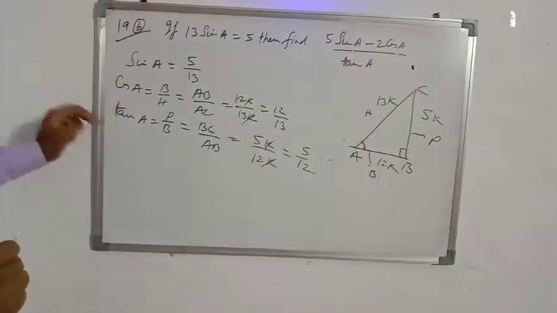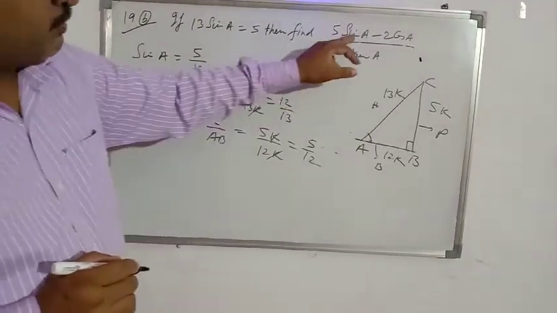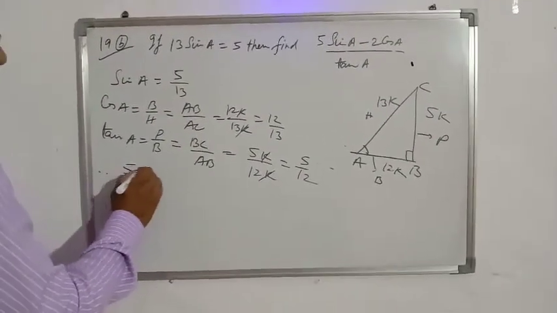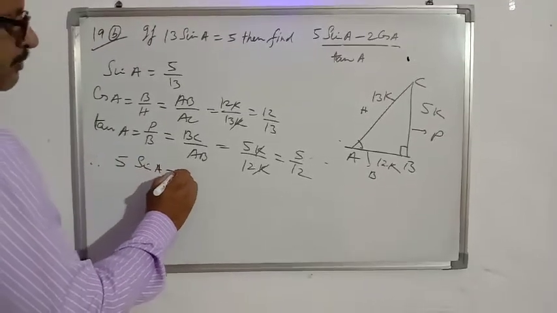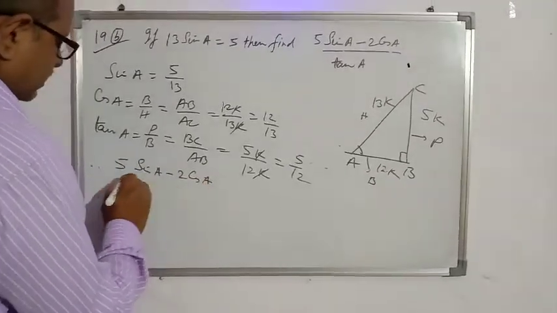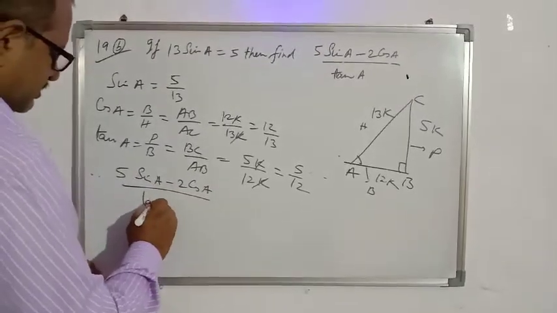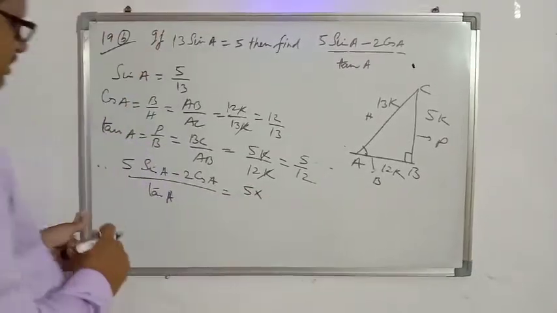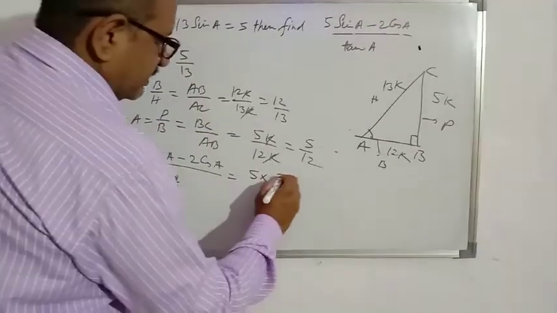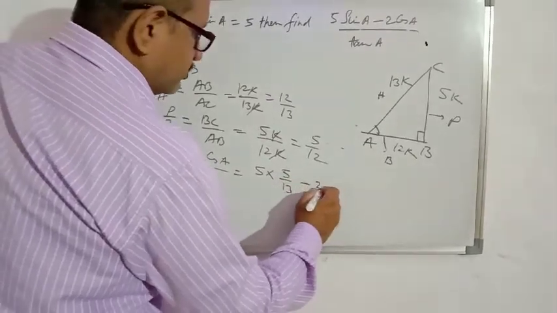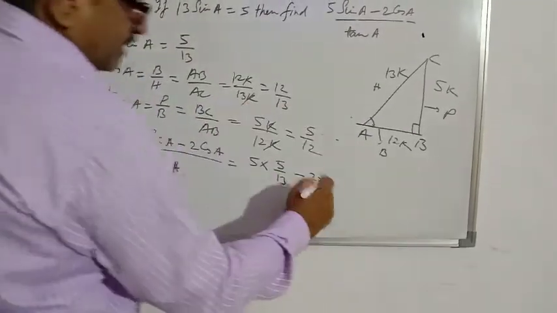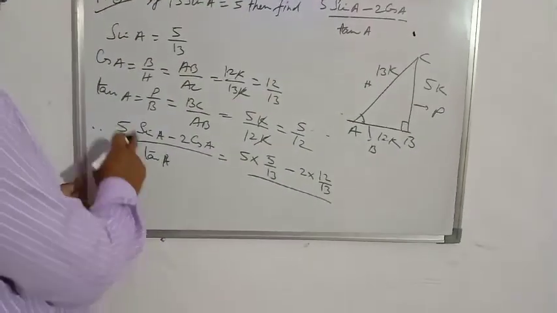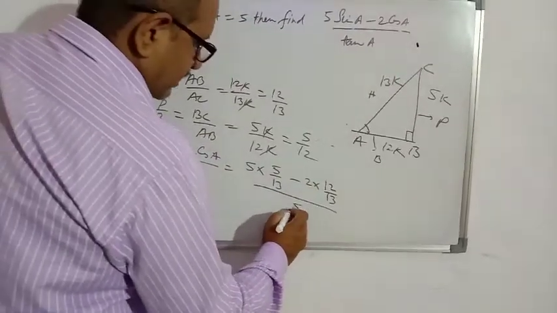So sin A, cos A, tan A values are known. We can put these values in the given expression. So therefore 5 sin A minus 2 cos A upon tan A. So 5 into sin A is 5 by 13, minus 2 cos A, 12 upon 13, whole upon tan A which is 5 by 12.